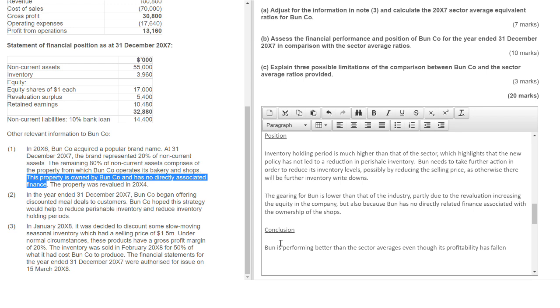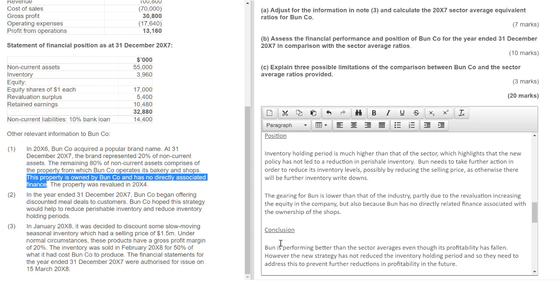Okay, it specifically stated that, didn't it, within the text. However, the new strategy has not reduced the inventory holding period, and so they need to address this to prevent further reductions in profitability in the future. Okay, there we go.